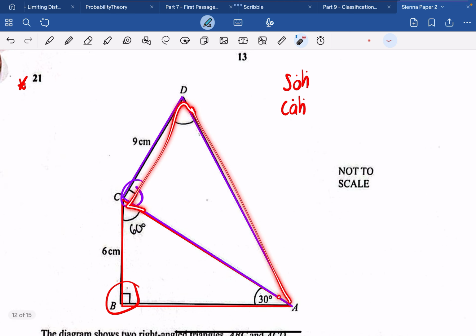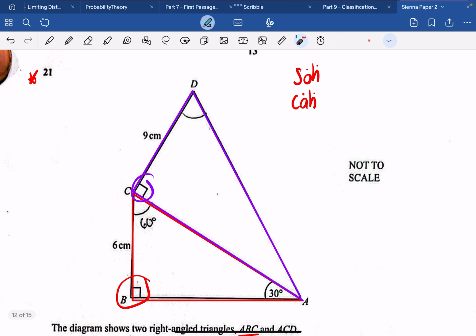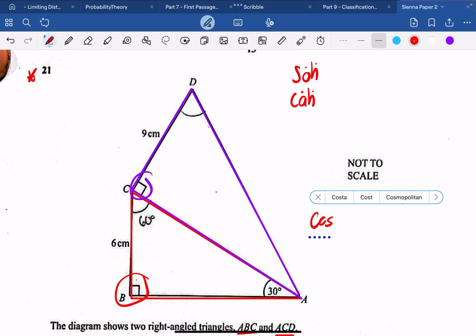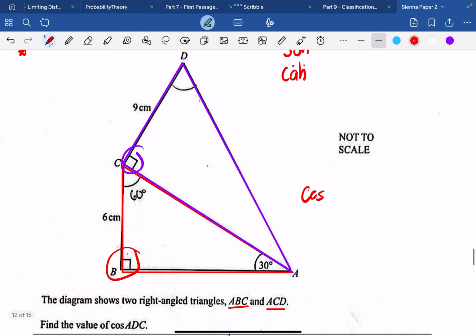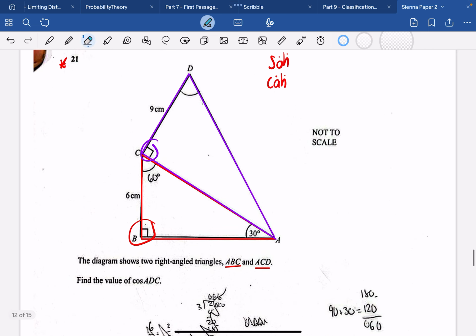So cos is adjacent, so we need this value over hypotenuse, which is this value here. No, I'm lying to you.